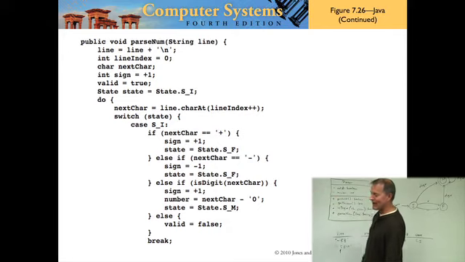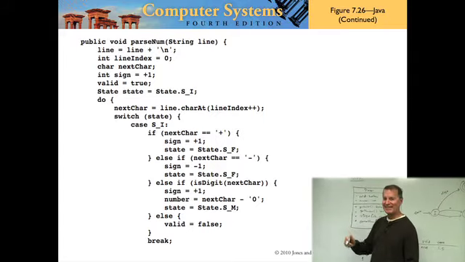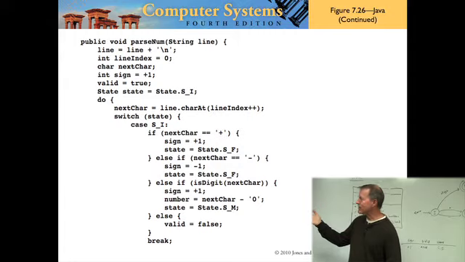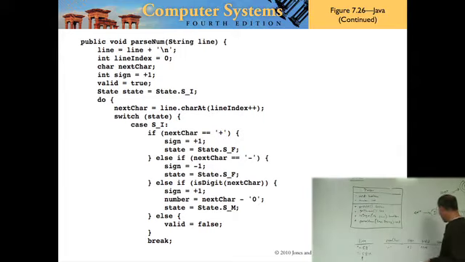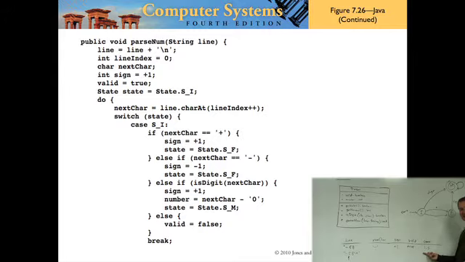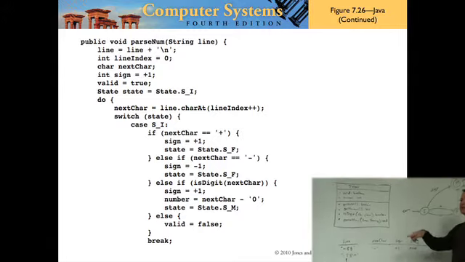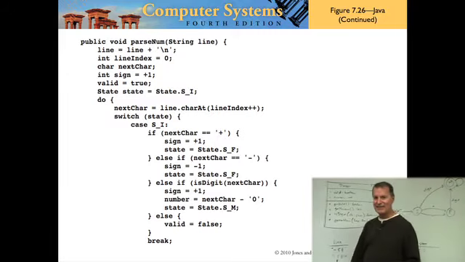Now here comes the direct code. We have a switch. Switch in Java works just like switch in C++. Switch on what variable? State. So you see we have a switch on state. State is this, right? And so we have case, and what cases do we have? All the cases.